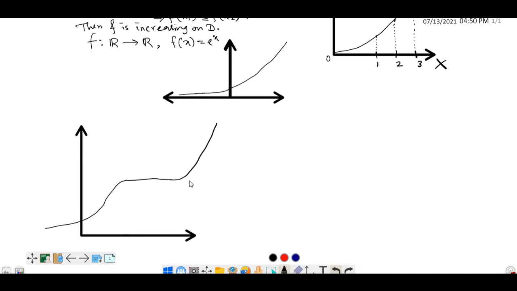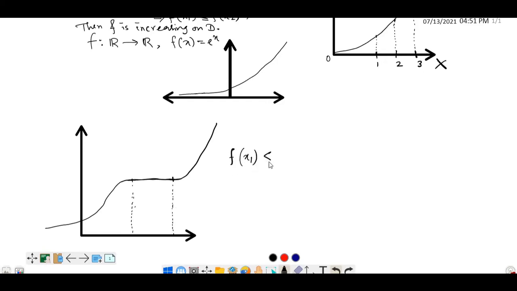So this also will be considered an increasing function, though at this stage it is not increasing at all. It stays at the same height throughout this part of the x-axis. Say I'm taking from here to here. So here you can see in this part, the value of f(x) is not increasing. Still, the function will be considered an increasing function because this inequality is being satisfied.